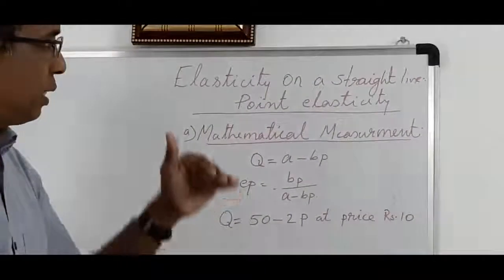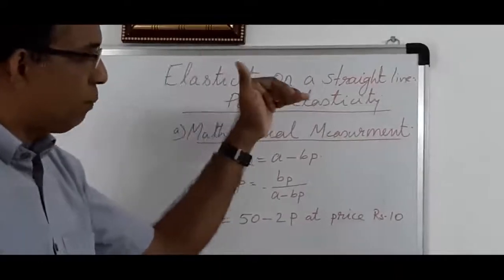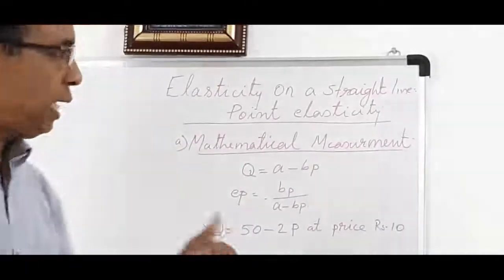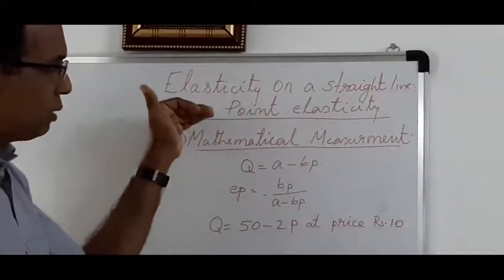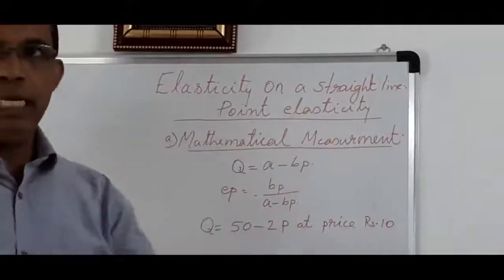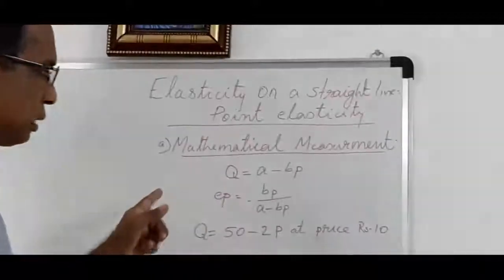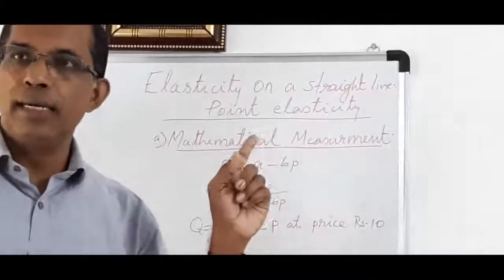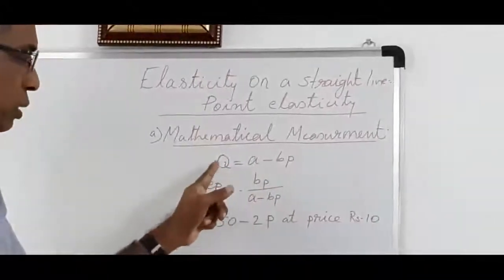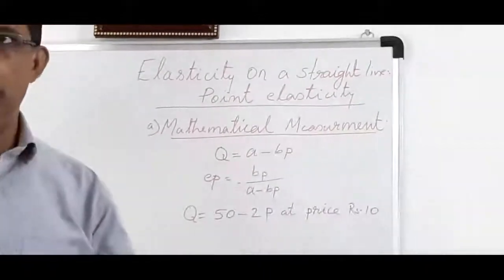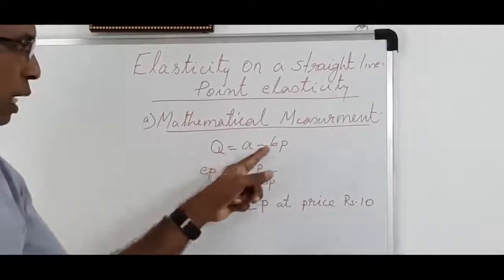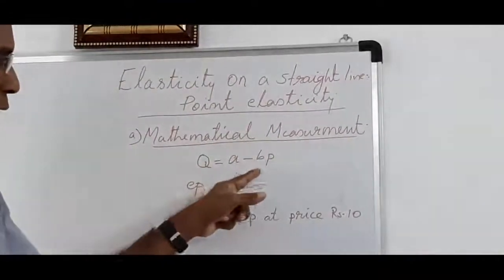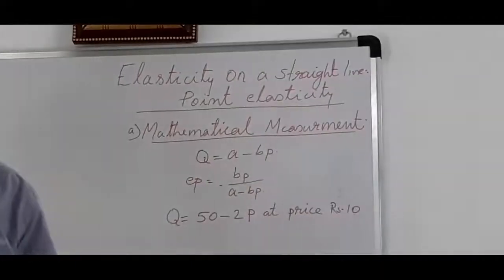We can calculate elasticity on a straight line mathematically and by using a graph. First we study how to calculate elasticity mathematically. In the previous class we have studied the equation of a straight line demand, that is Q is equal to A minus BP, where A and B are autonomous factors, P is price.